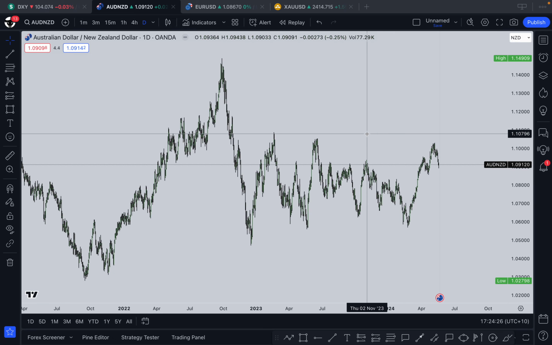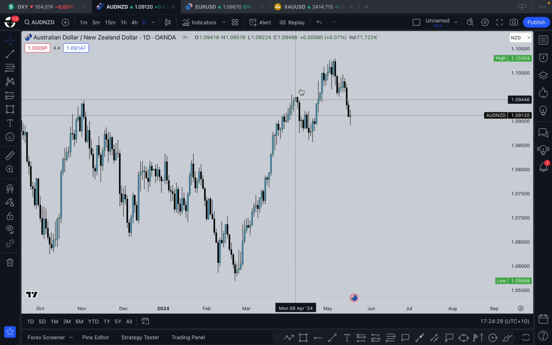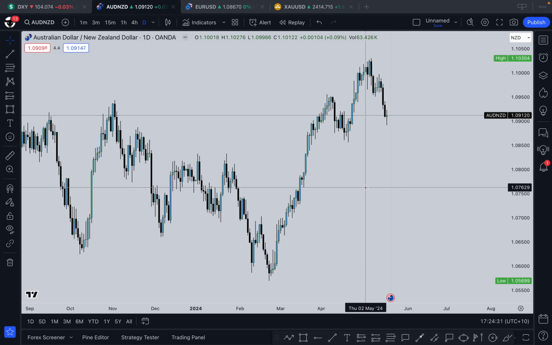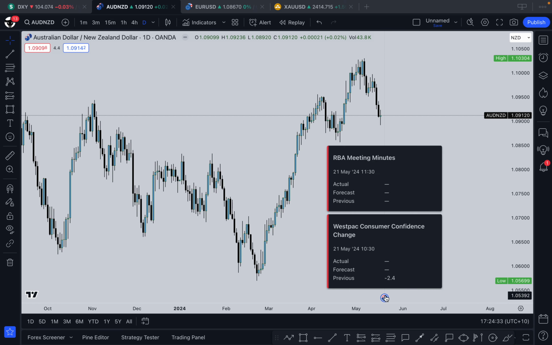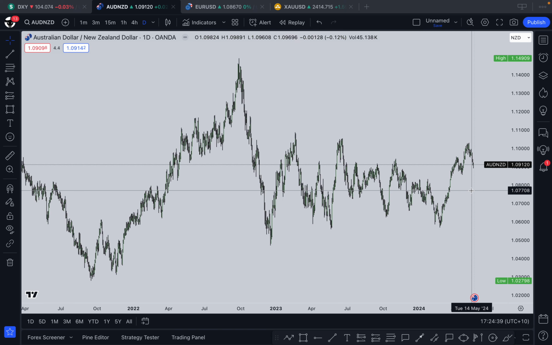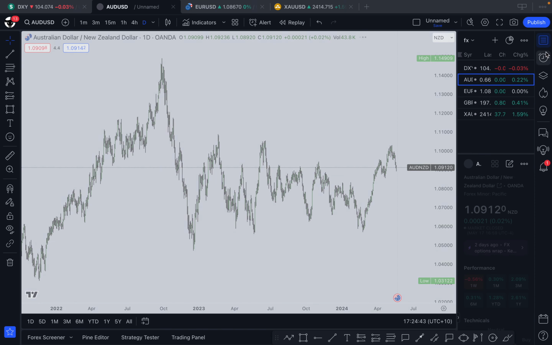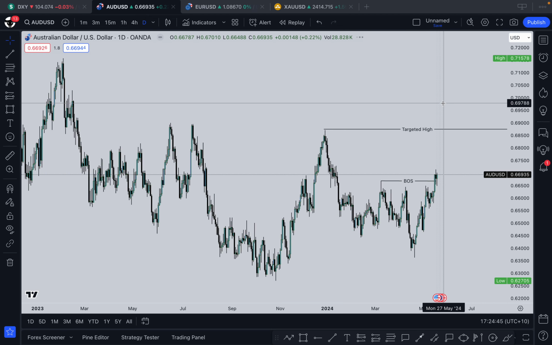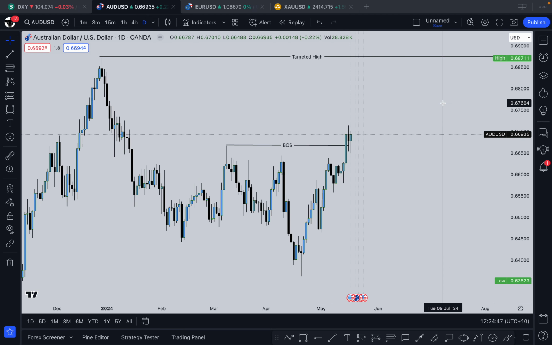It's very up and down. What's this? RBA meeting 21st, Tuesday. Yeah. I reckon play it by ear on Monday. We'll have a look, and we'll see what the speech does for us. I'd be pretty confident saying, by the looks of things, these pairs are going to keep going up.